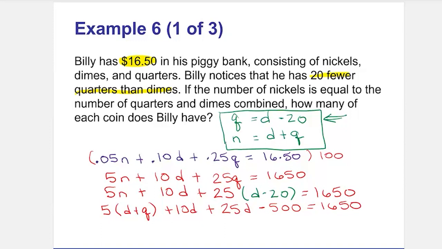Okay, so now I have 5D plus 5Q plus 10D plus 25D minus 500 is equal to 1,650. Okay, hold on. Let me put in another slide here.